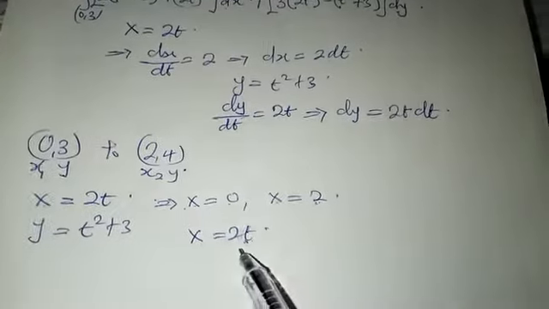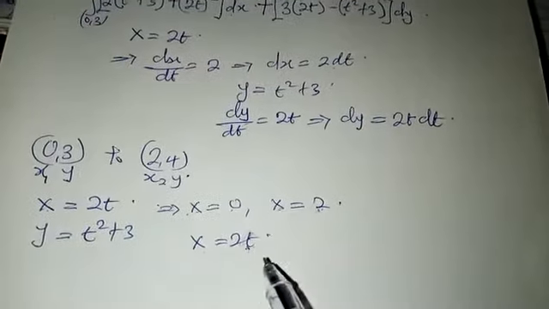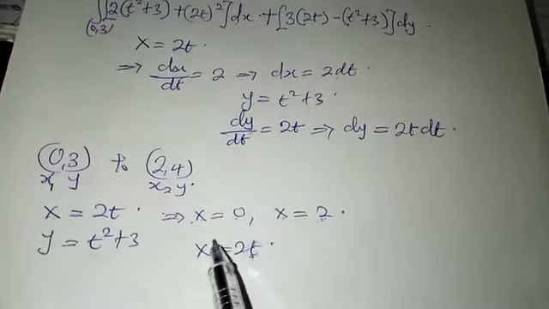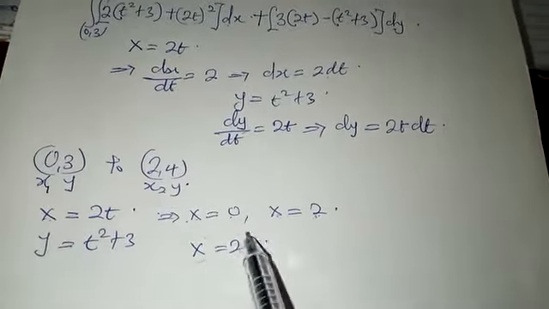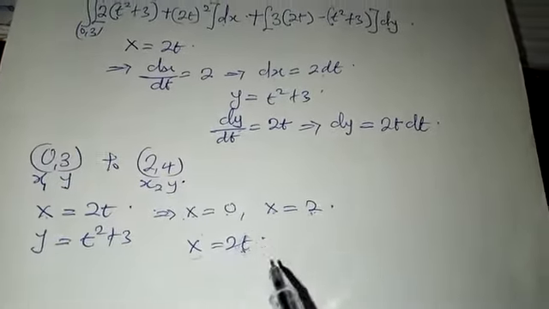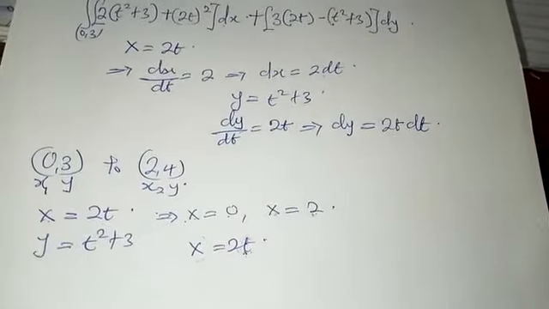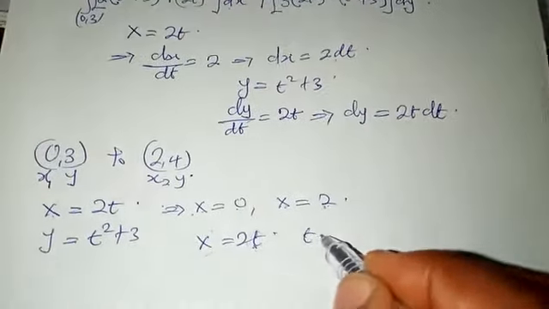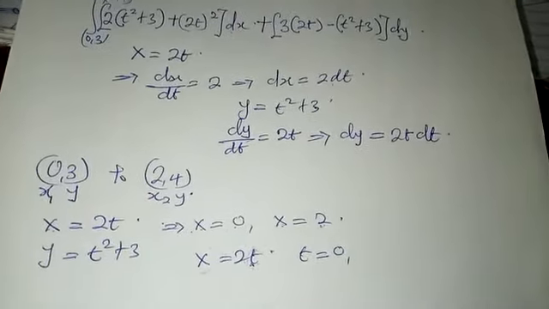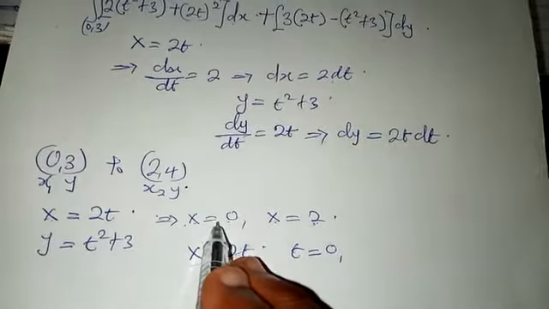And before we'll be able to do that, this is called a parametric equation. This parametric equation means changing everything about x and y so they are expressed in t. Now, if t is 0, what will be x? x will be 0.